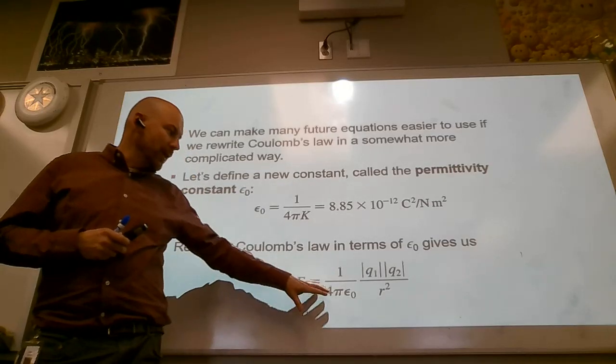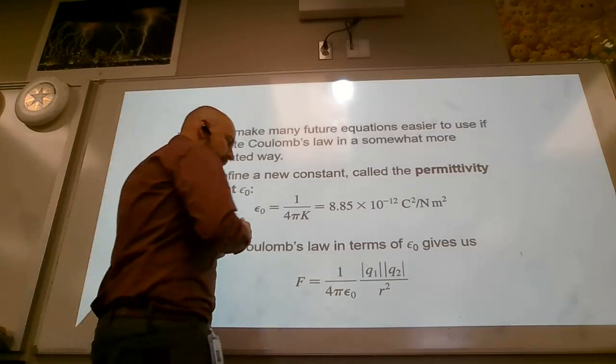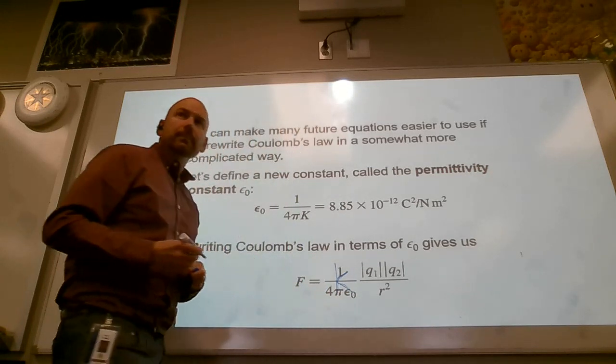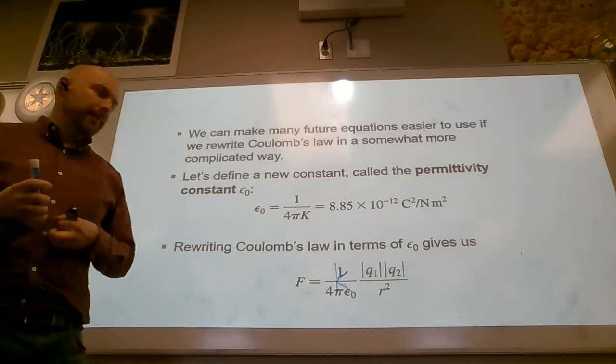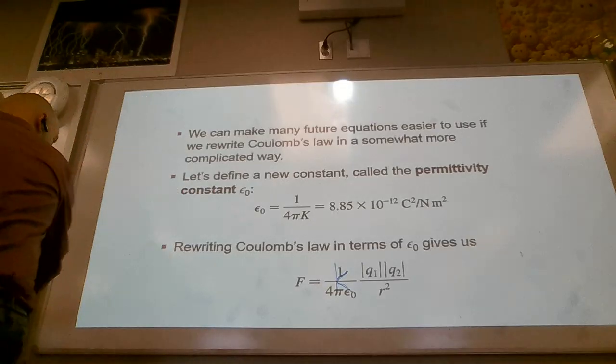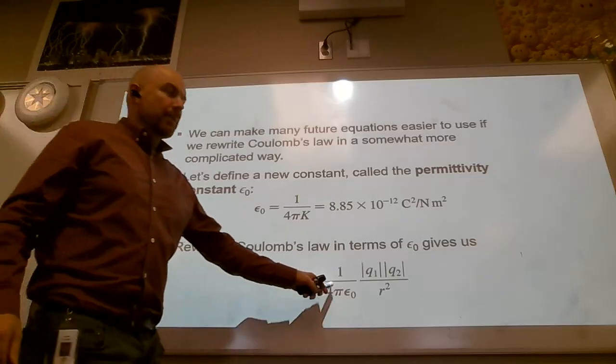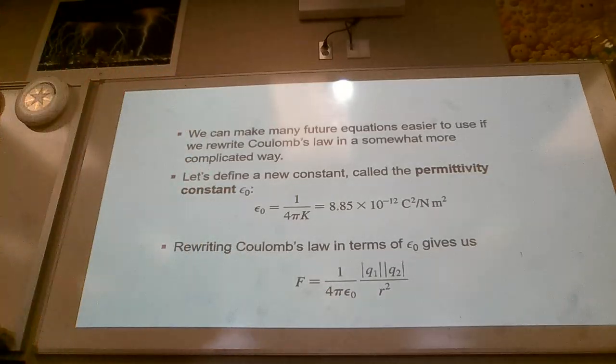You're not wrong to write K. So this replaces the K. When we start doing calculus stuff, this arrangement is convenient. Okay. So, permittivity of free space.